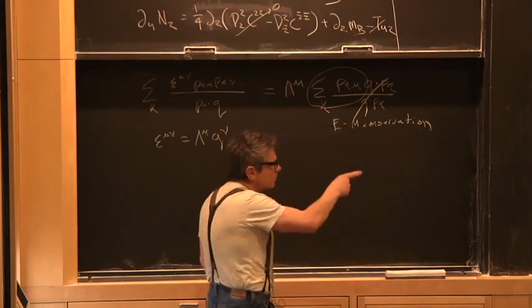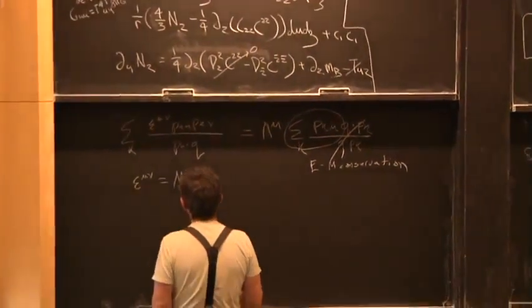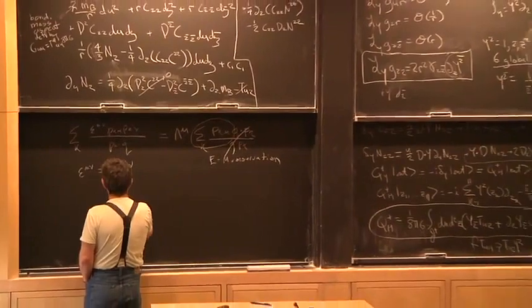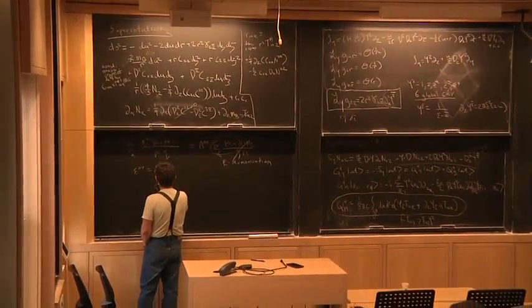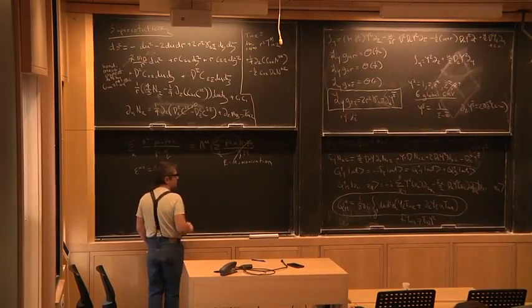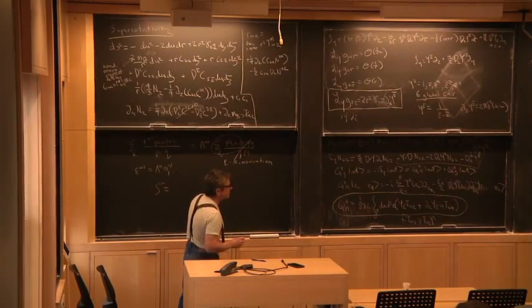So now let's look at what happens to this expression. Well, if we shift this expression, we get S is equal to this S1 minus, let's forget the minus, we can take any polarization.